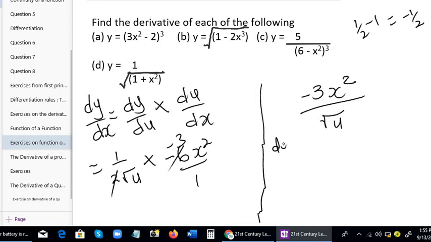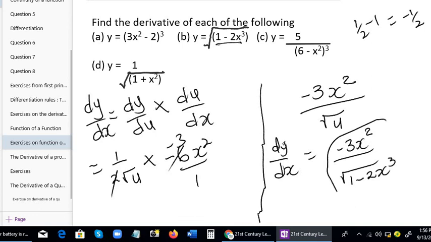So dy/dx equals minus 3x squared over root of u. Remember, u stands for 1 minus 2x cubed. So this is our answer.